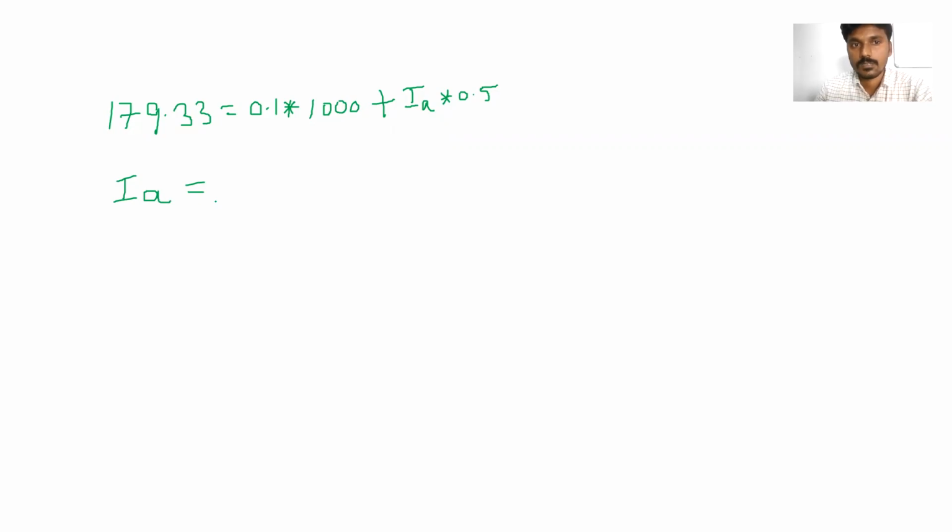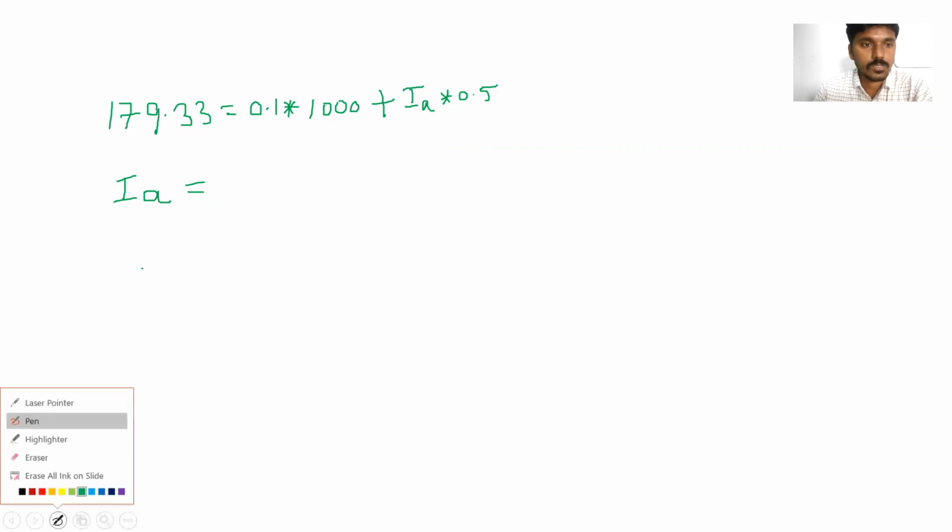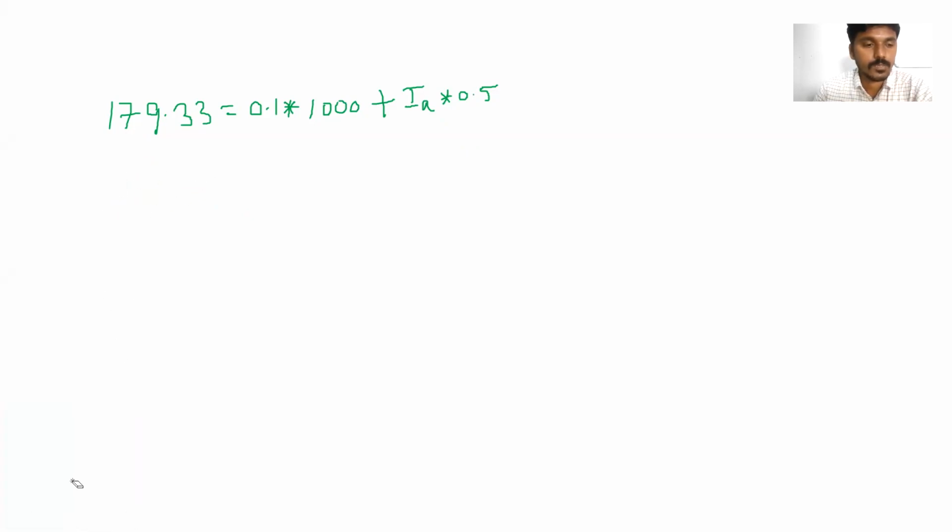So one more step to solve here. 179.33 is equal to 100 plus IA into 0.5.